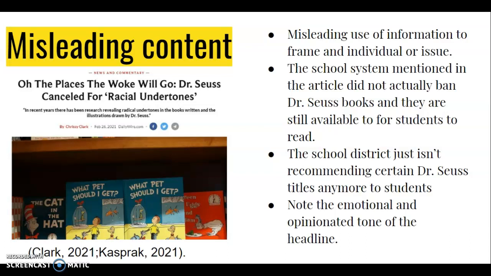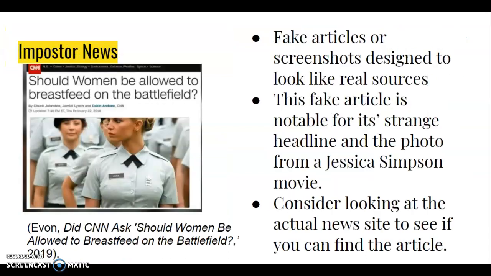Yes, there's something being done with the Dr. Seuss books, so it's partially true, but largely false and made to mislead viewers into believing a certain conclusion about the story.